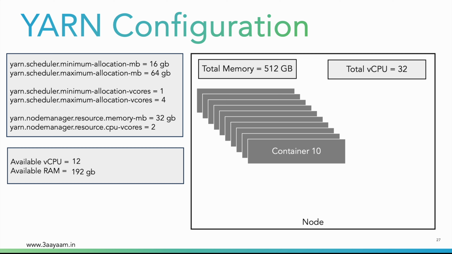In case of Spark, that would be the driver node, and in case of MapReduce also we have an application master. So the application master would say that I need so much memory and so much CPU to the resource manager. The resource manager will check the availability and then ask the node managers to either launch new containers or increase the resources within the available containers itself. So this is how Yarn works.